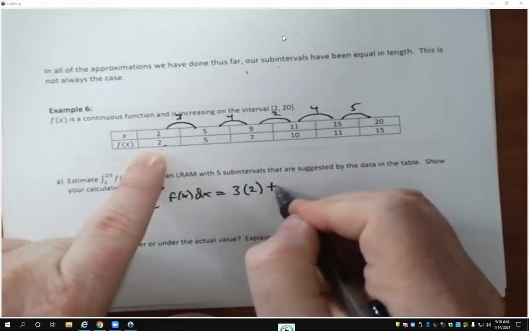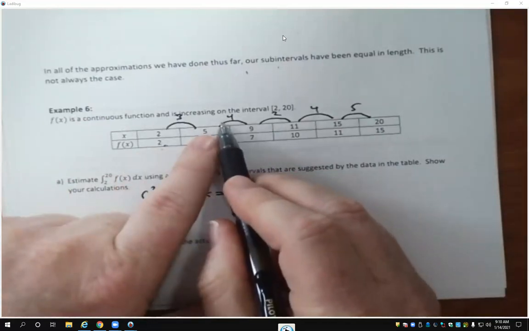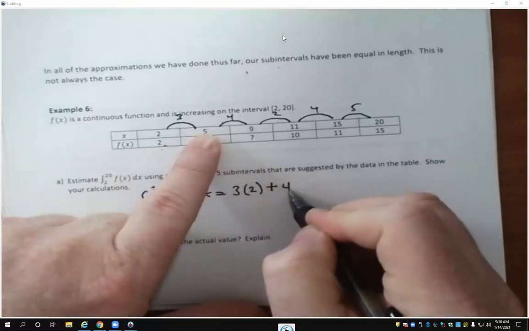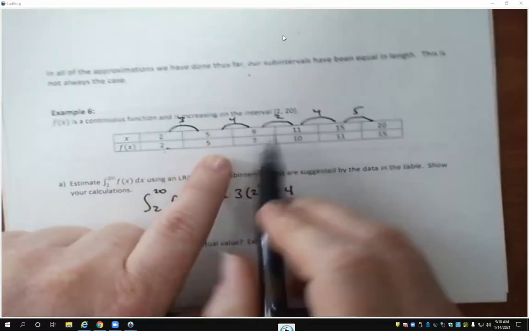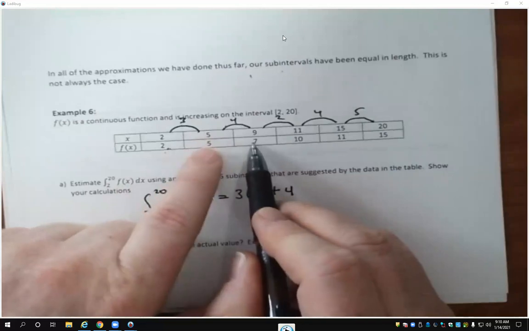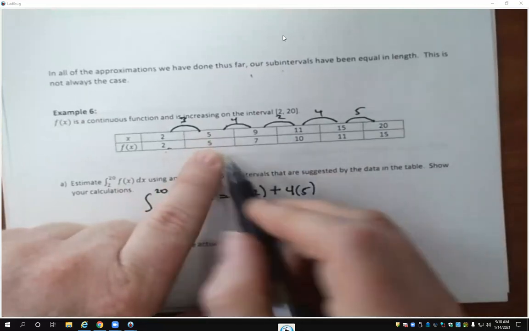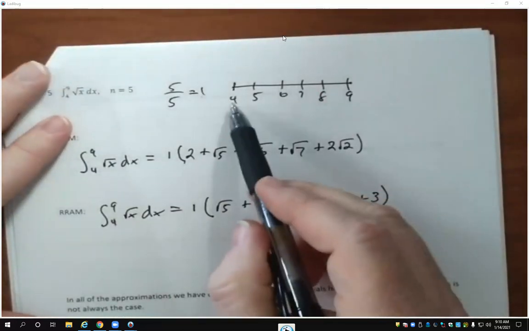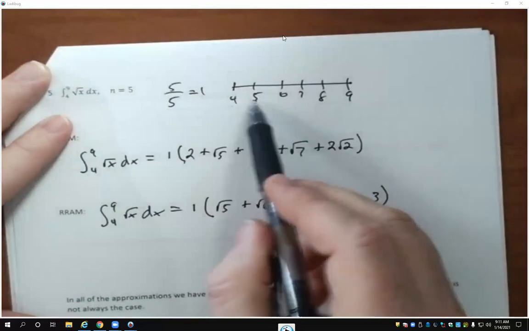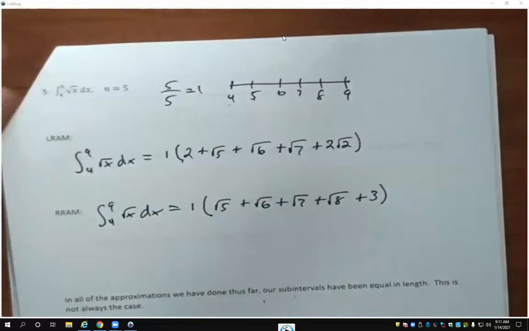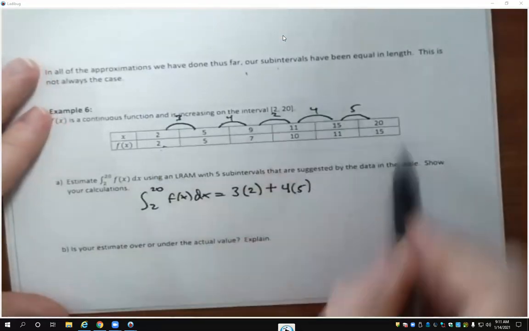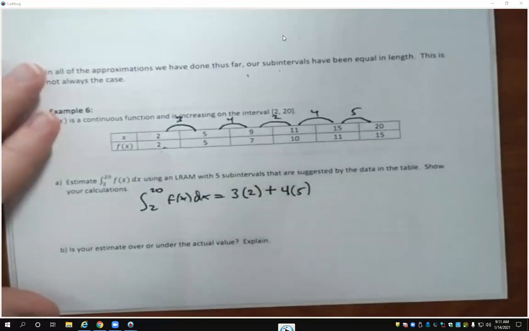Plus, the next rectangle has a base of 4, and of these two numbers, we want the left one, 5. We're not plugging our x values into a function like we did up here, where we plugged 4 into square root of x, 5 into square root of x, 6 into square root of x. We're not doing that because we don't have a function. We're just using a table.